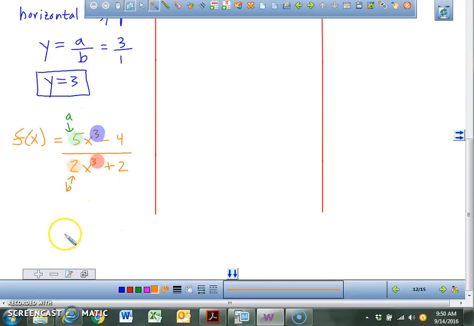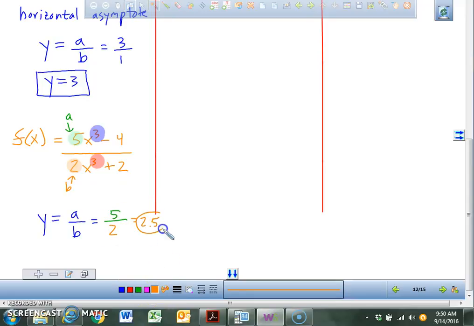So if I ask you to find your horizontal asymptote, it's once again going to be a over b. So we would simply write 5 over 2, which is equal to 2.5. So that's your horizontal asymptote.